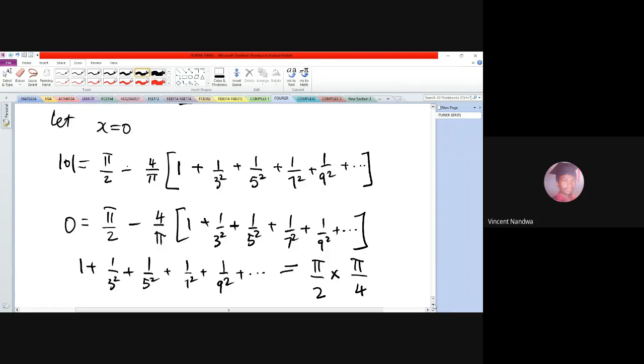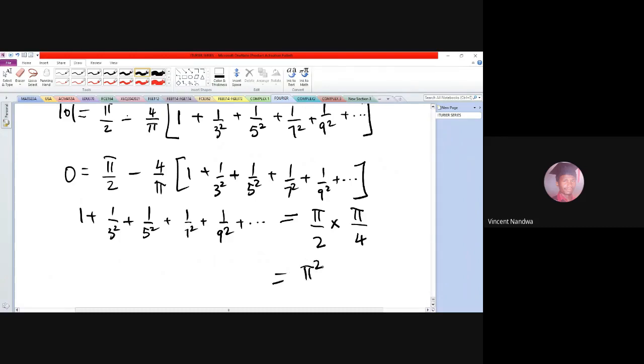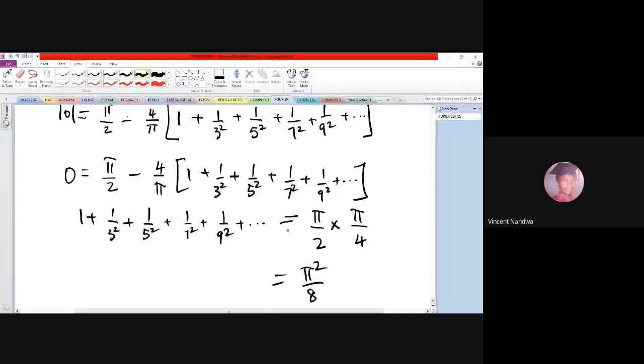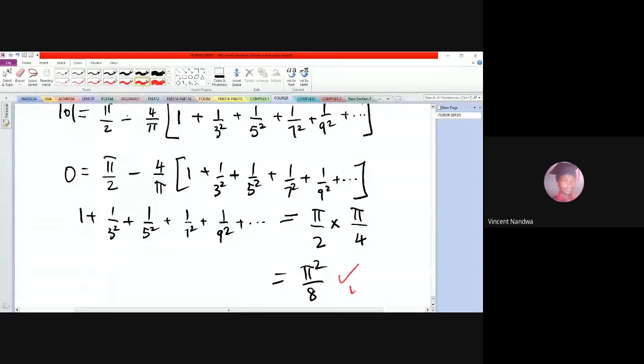So therefore we end up with pi squared over 8 as our answer. So this is the required solution for this series, 1 plus 1 over 3 squared, plus 1 over 5 squared, plus 1 over 7 squared, plus 1 over 9 squared, plus other terms. So that is how we solve that problem. Thank you.